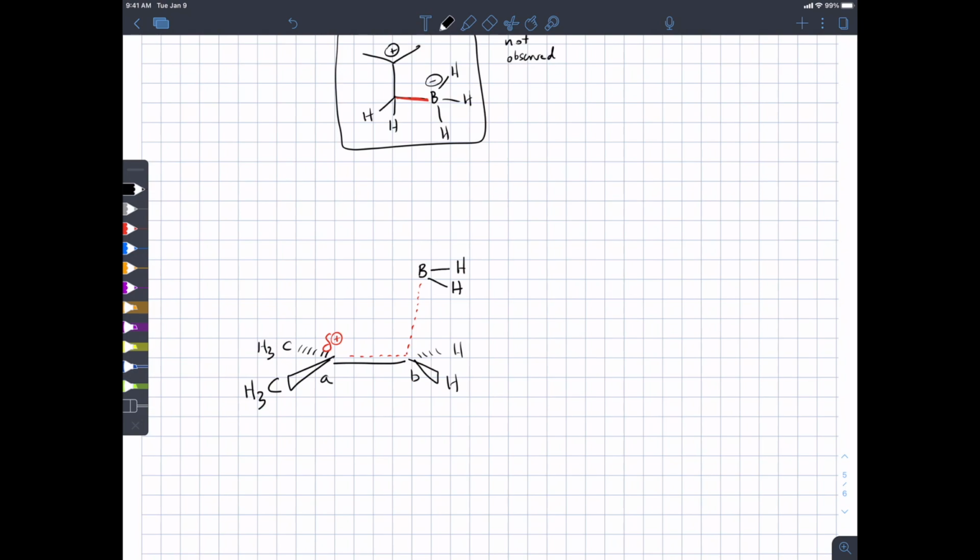And it looks like at the same time the boron-hydrogen bond is weakening and getting longer.